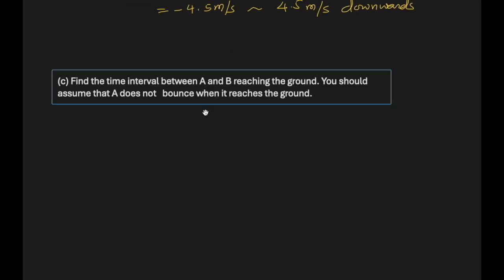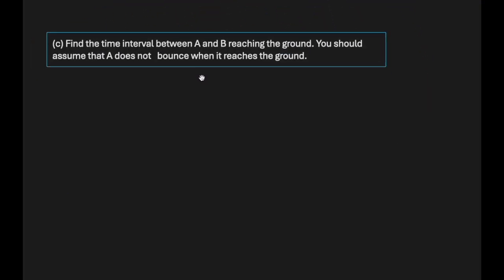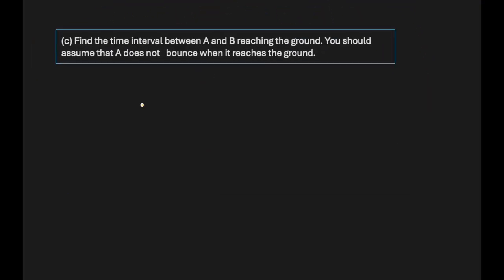Find the time interval between A and B reaching the ground. So we know that this was the ground and both of them were 20 meters above the ground. You should assume that the one which bounces first does not hit the other one again, so we'll assume that.